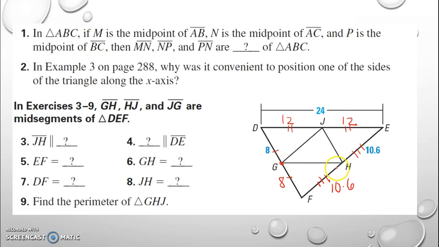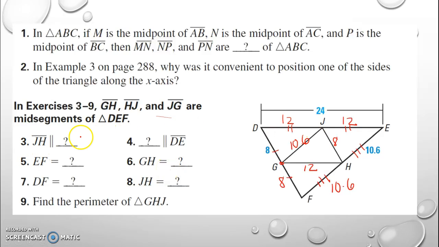Again, knowing the mid-segment is going to be half of that side, this would also be 12. This whole length is 16, which means half of that would be 8. And this whole side would be 21.2, which means this would also be 10.6. We can now use that information to fill in these problems over here.